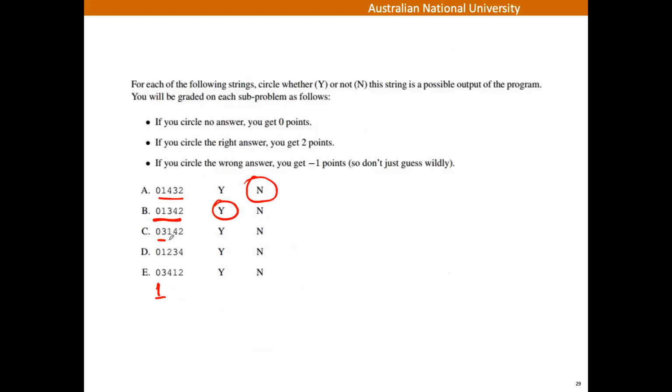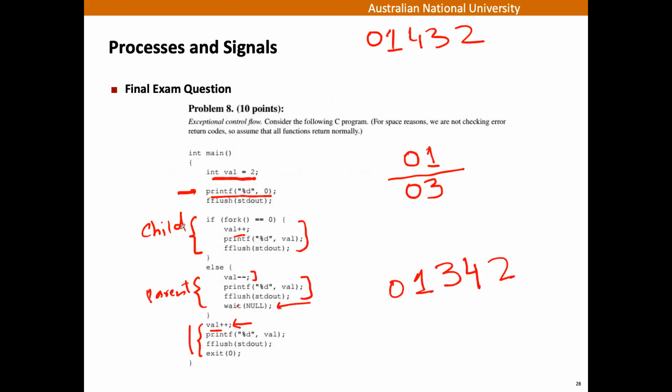Let's take 0, 3, 1, 4, 2. Can you tell from the previous exercise, is 0, 3, 1, 4, 2 possible? We start with 0. 3 is when who goes first? The child goes first. So 0, 3.